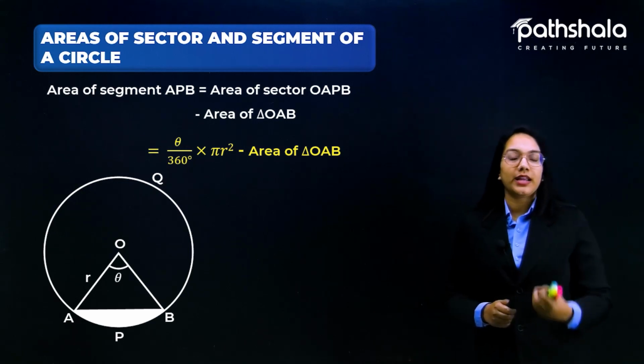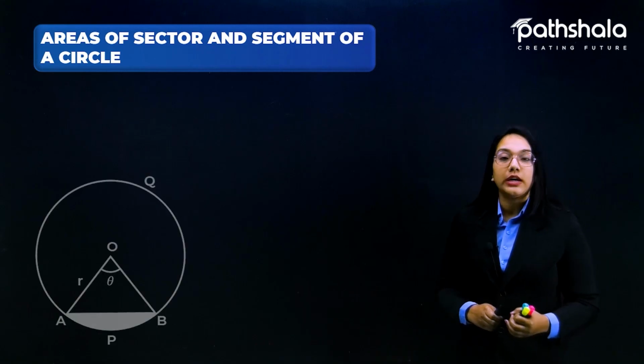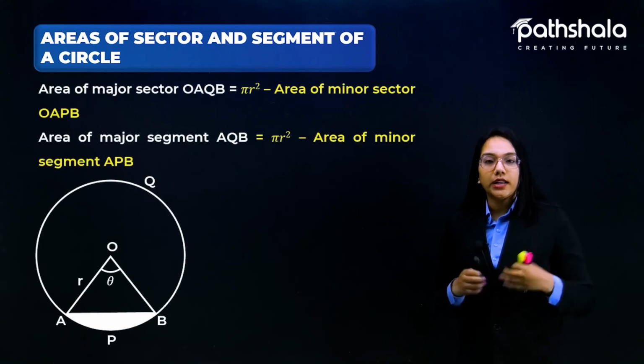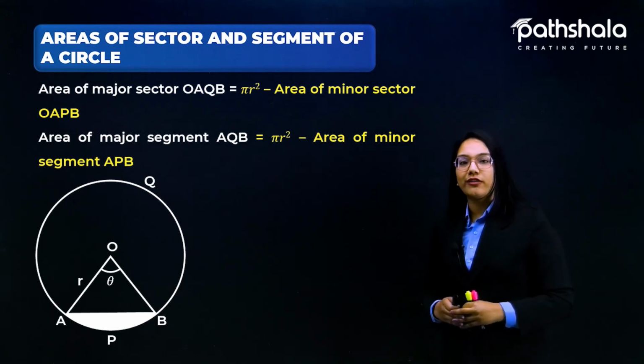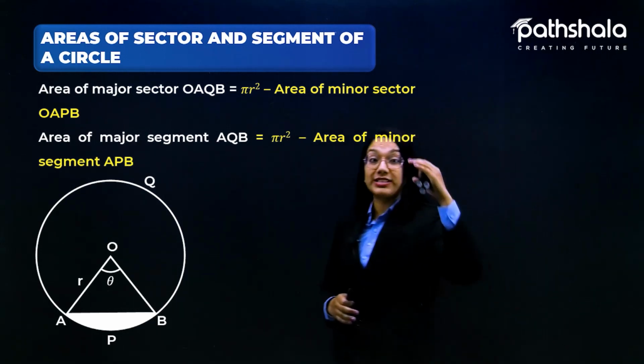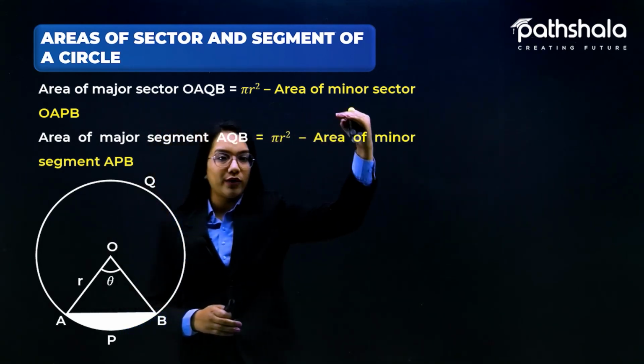Now, in a similar manner, we can proceed further for the area of the major sector or the major segment. The area of the major sector OAQB should be the area of the whole circle minus the area of the minor sector.